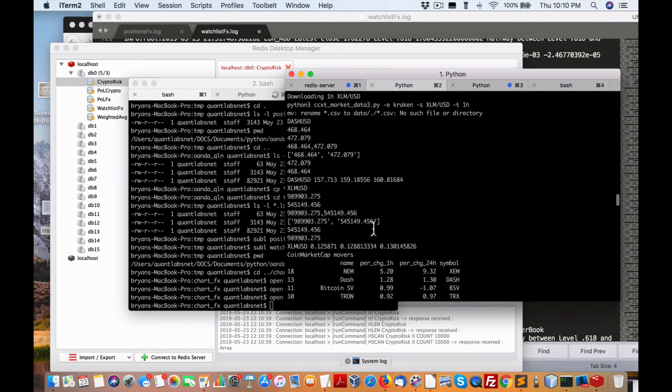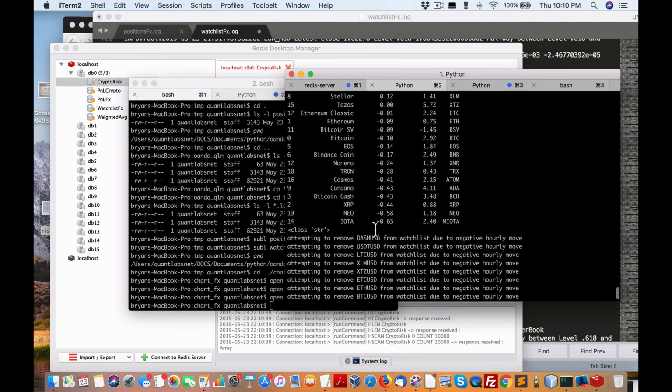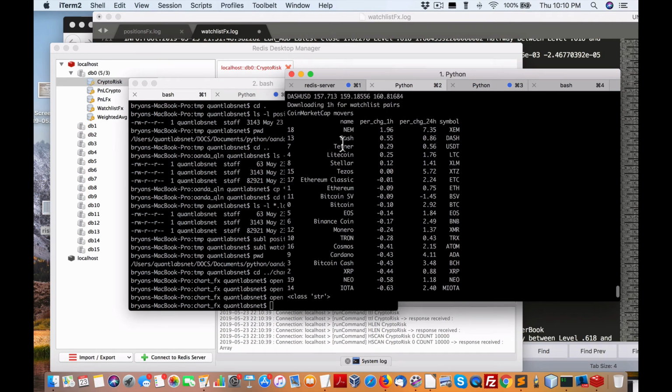So these are the latest movers here, but you can clearly see it's just very little. Like if you were to trade only on the hourly basis, you do all right, but still it's so volatile.